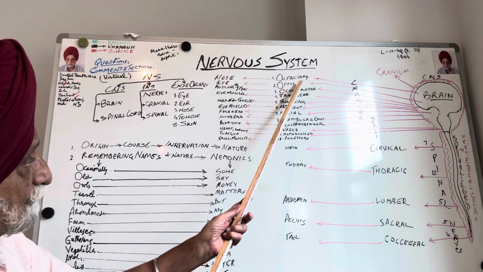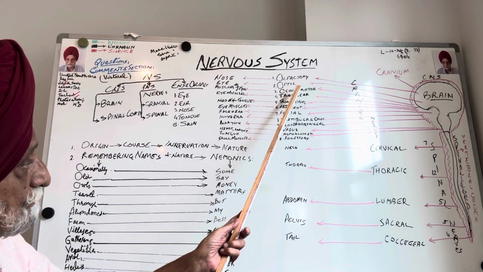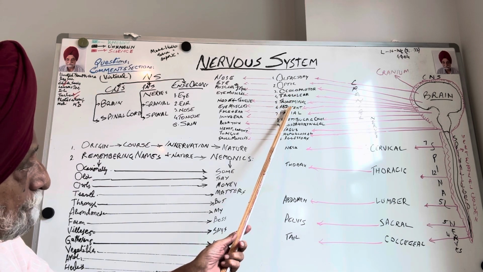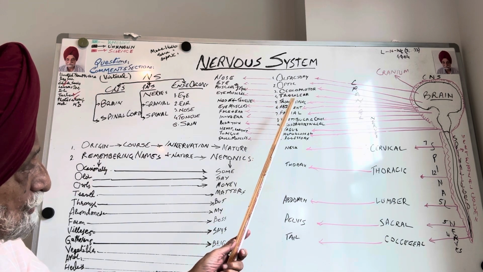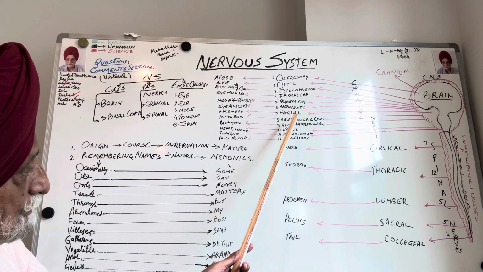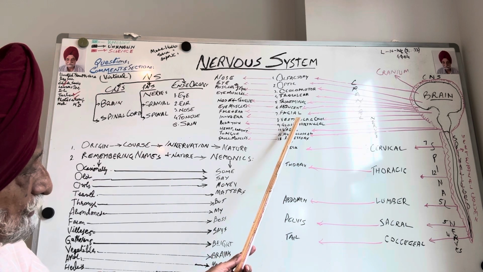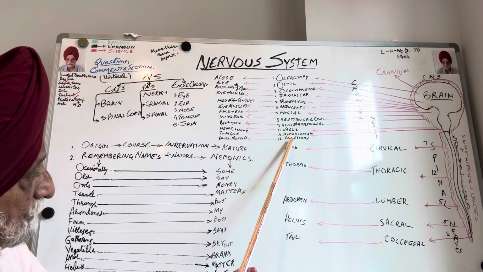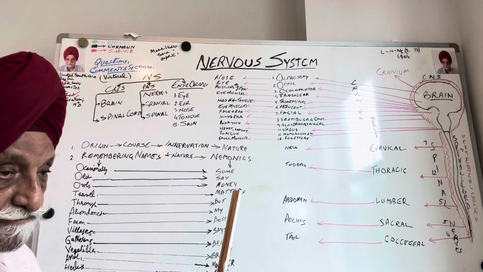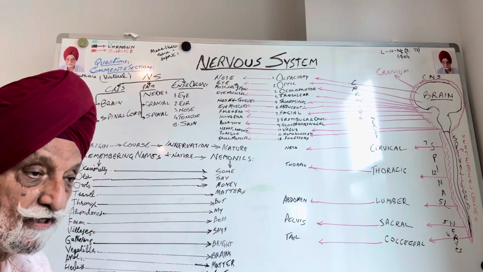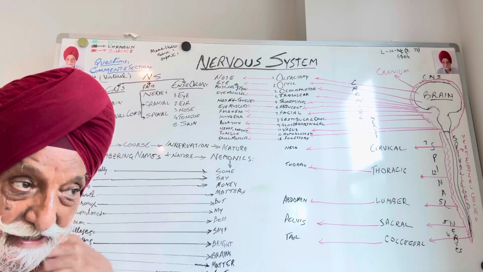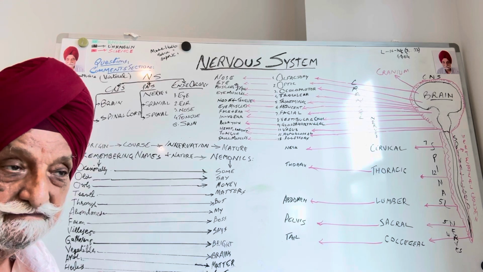namely olfactory, optic, oculomotor, trochlear, trigeminal, abducent, facial, vestibular, glossopharyngeal, vagus, hypoglossal, and accessory. Now, what is important is to remember these names in that particular order.